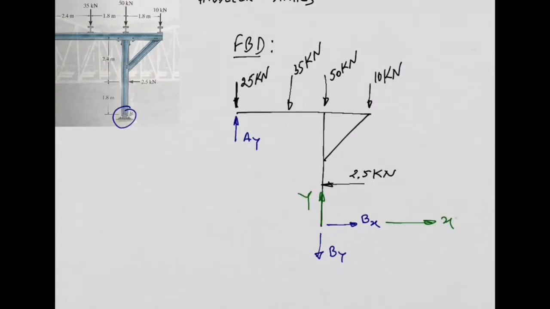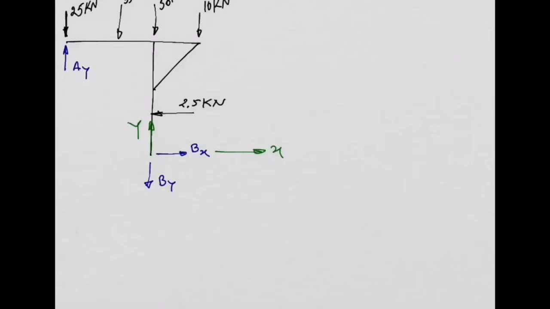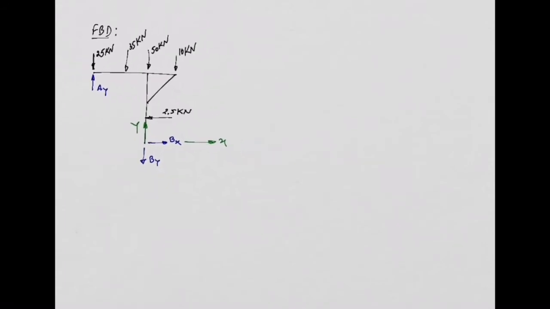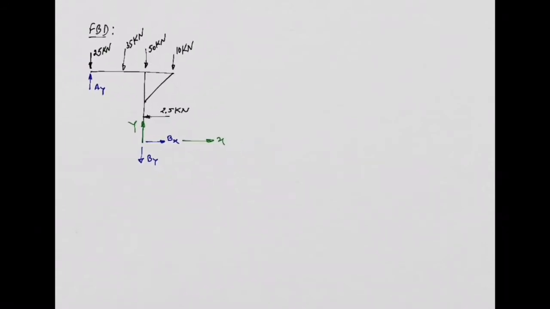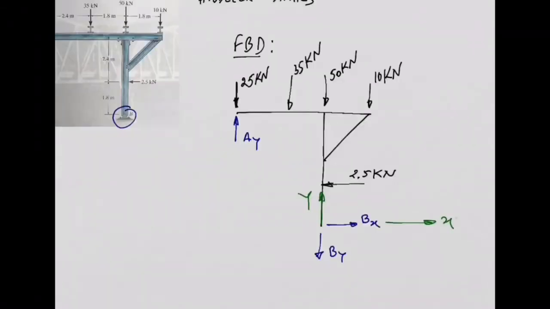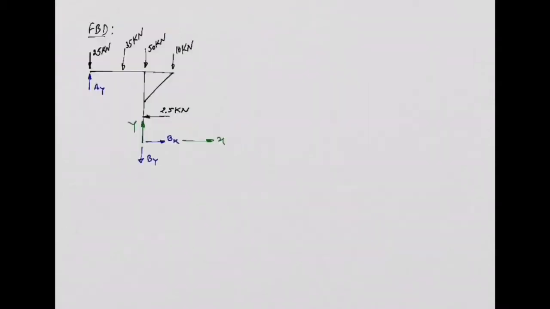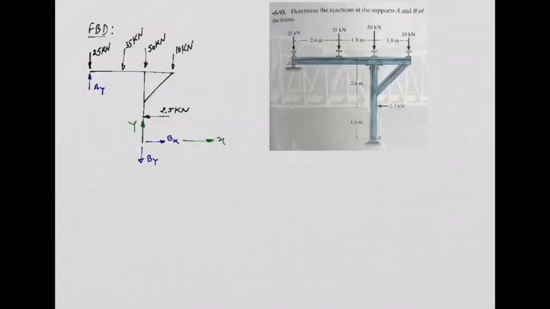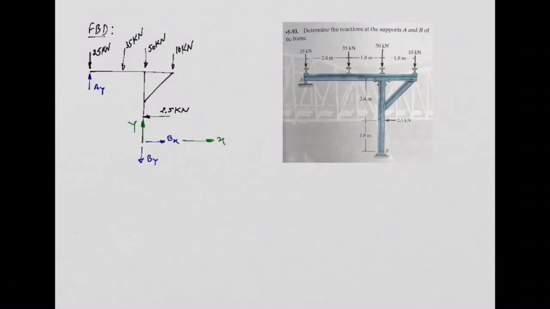The next step will be the construction of the equivalent system force moment. We can also copy this one for the dimensions. So let's put it here side by side. So we have our free body diagram there and the original problem with the dimensions.